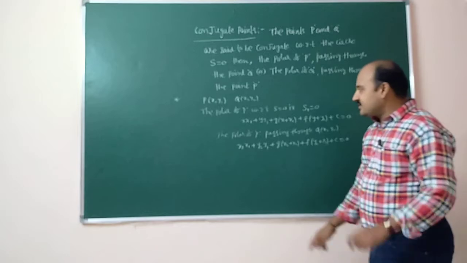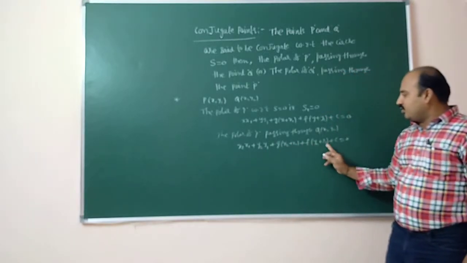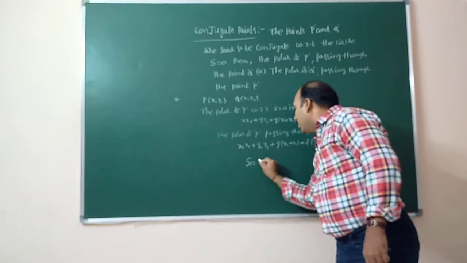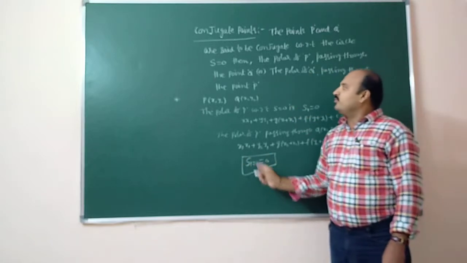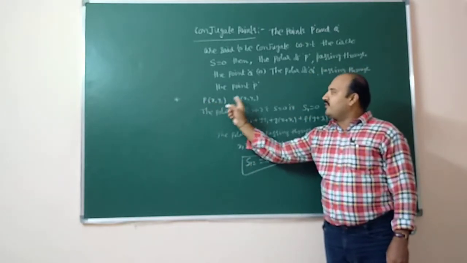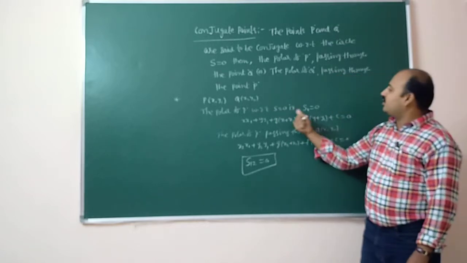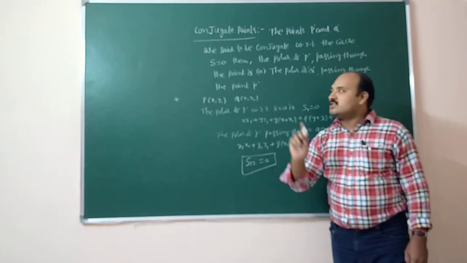According to notation, x1 x2 plus y1 y2 plus g into (x1 plus x2) plus f into (y1 plus y2) plus c equal to 0 means S12 equal to 0. From now on, remember it as a formula: the two points P (x1, y1) and Q (x2, y2) are said to be conjugate with respect to the circle S equal to 0 if S12 equal to 0.